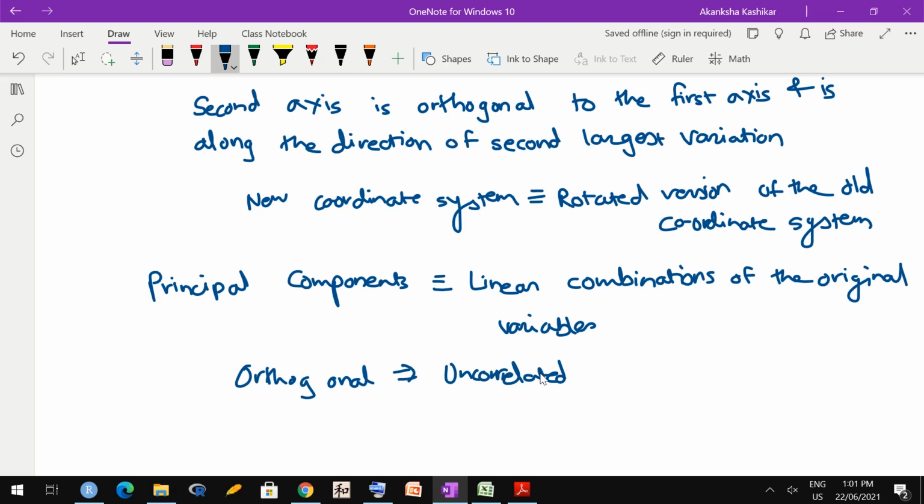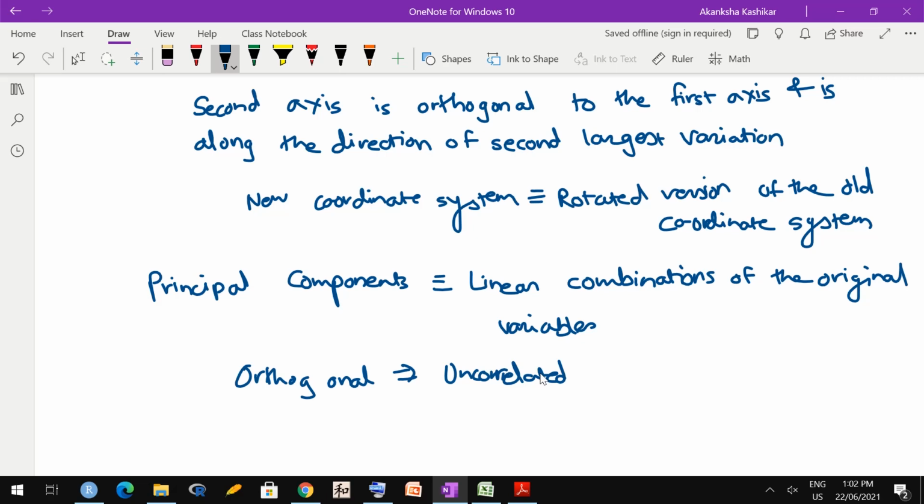Okay, so principal components are nothing but linear combinations of the original variables, and they are obtained by rotating the original coordinate system in such a way that the first axis, first principal component, is now along the direction of maximum variation. Second principal component is now along the direction of second maximum variation, and so on.